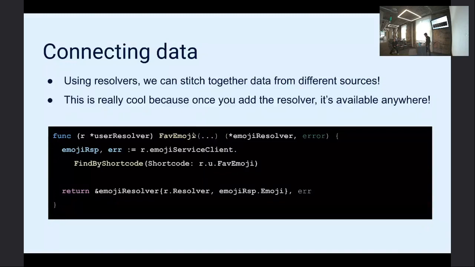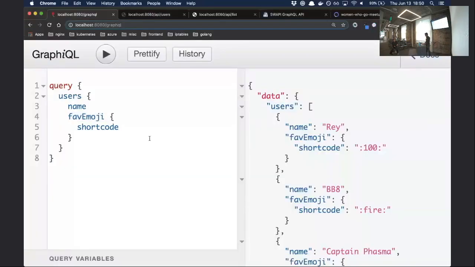And how it does that is it takes the favorite emoji shortcode from the database, calls a different gRPC service, and then puts the data back into a different resolver, an emoji resolver, so that you can look up the fields of emoji, and it returns it. And that allows us to do this cool thing where we specify what data we want field by field, and it just gives it back.